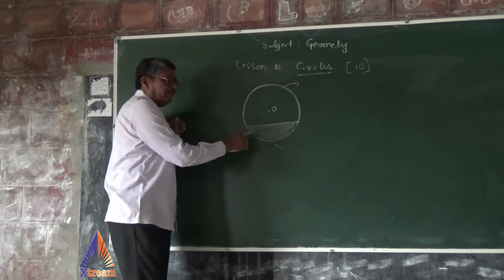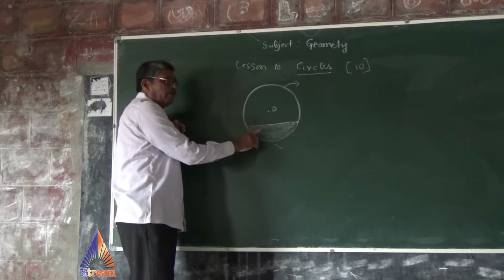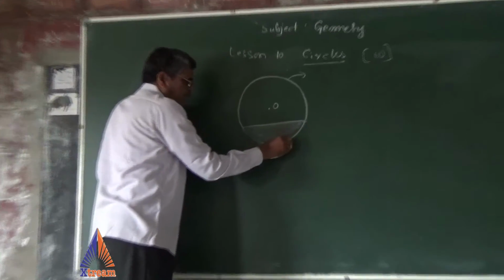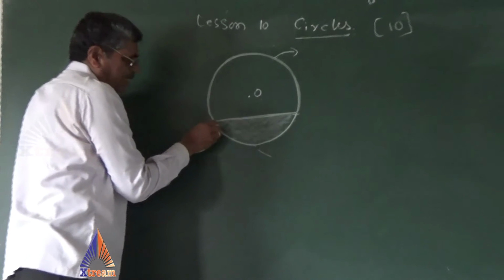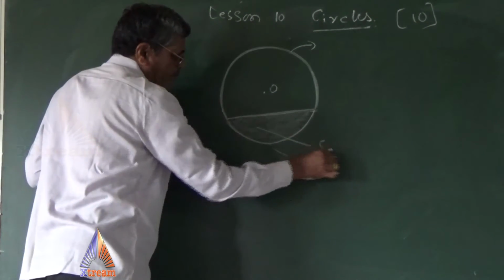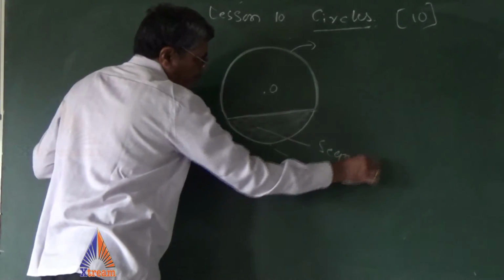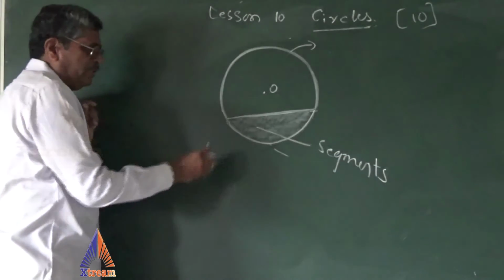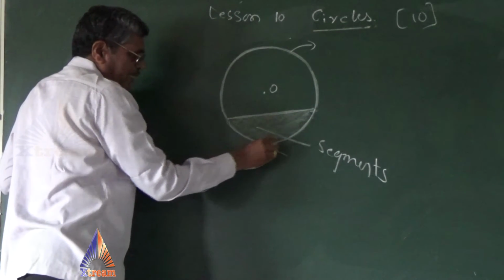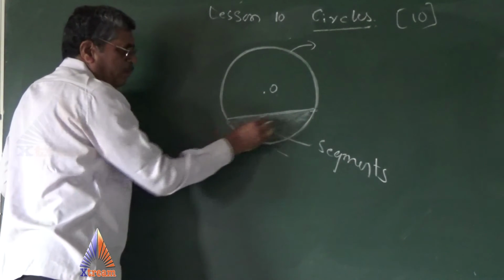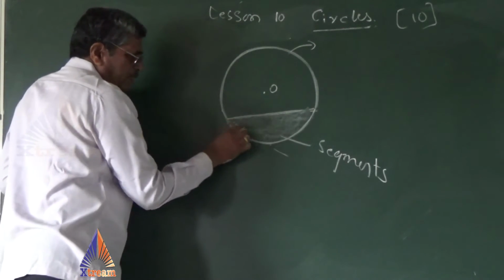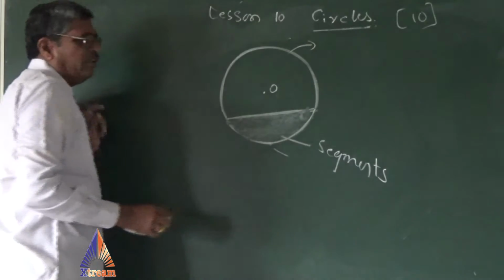This part of the circle is covered by the chord. The region bounded by the chord of a circle and an arc of a circle is called a segment.